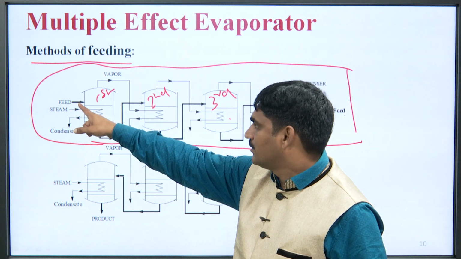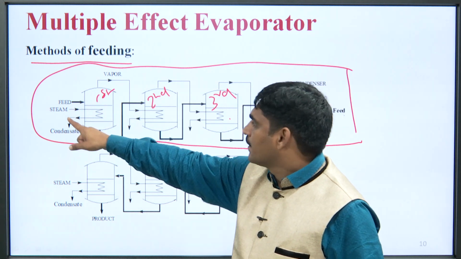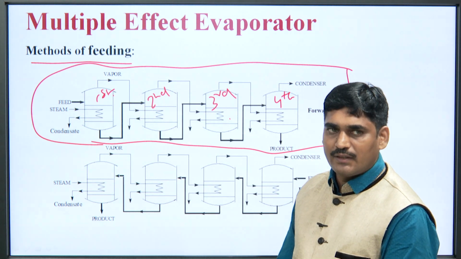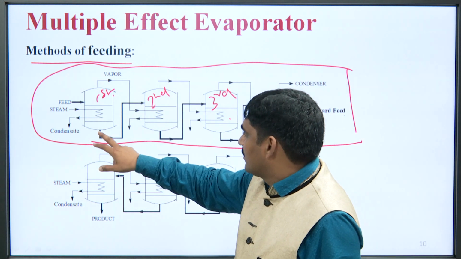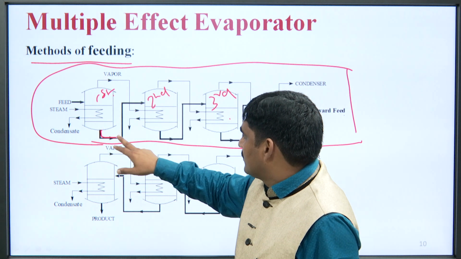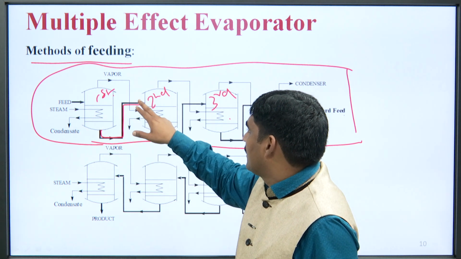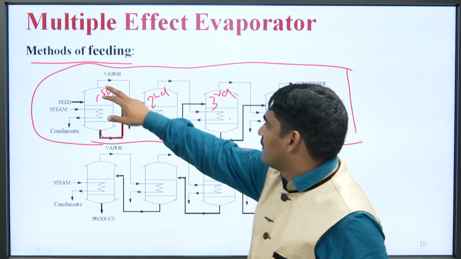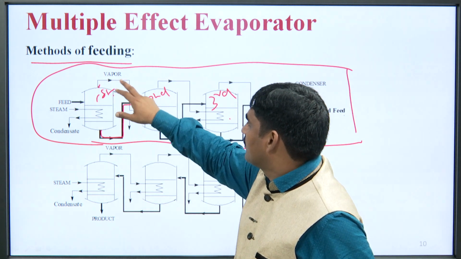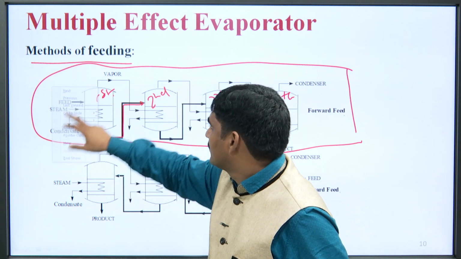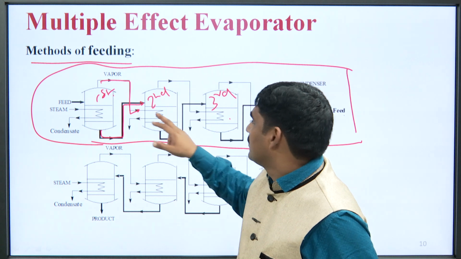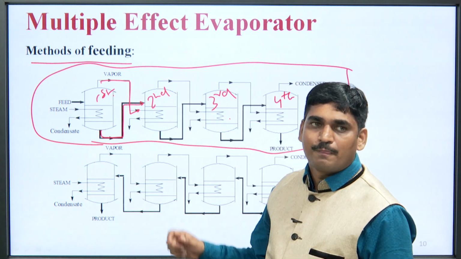The feed liquid is introduced into the first effect, steam is introduced into the first effect evaporator. From there, the concentrated liquid is transferred to second effect as a feed inlet, and the vapor which is collected from first effect is used as a heating source in the second effect.